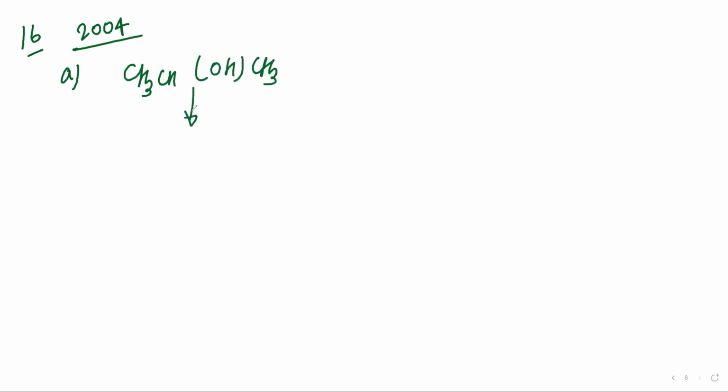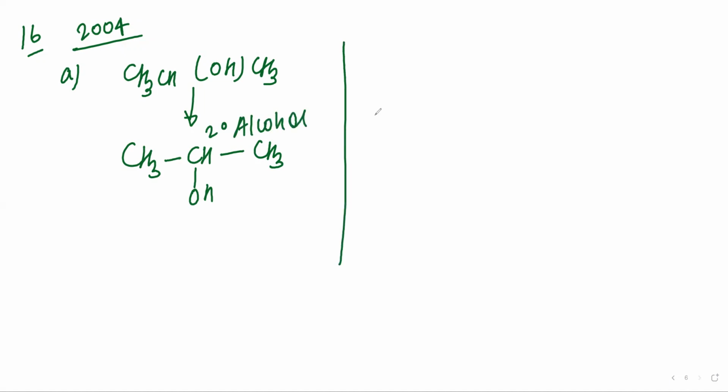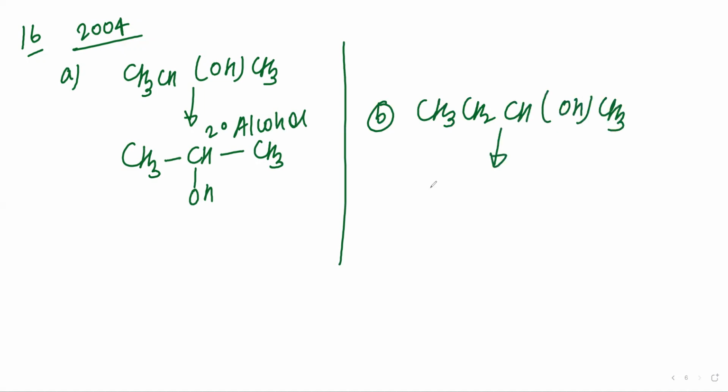Written in structure form, it is CH3, CH with OH, CH3. This is a 2-degree alcohol. Now the B option is CH3, CH2, CH, OH, CH3. Draw this structure: CH3, CH2, CH with OH, CH3. This is also 2-degree.